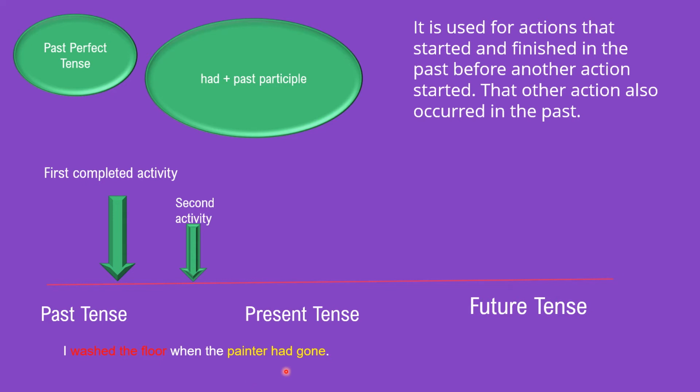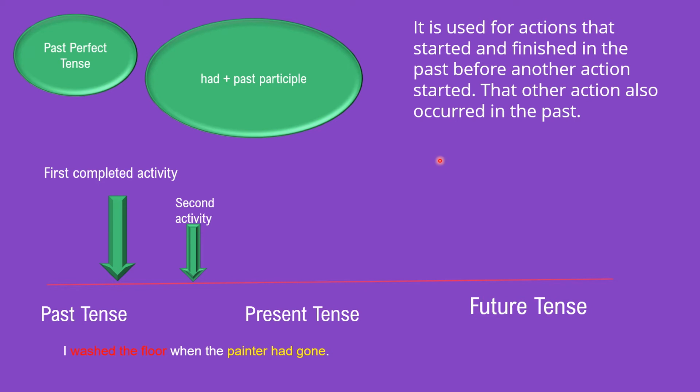And how do we frame it? What do we use to make past perfect tense? We use had plus the past participle, whether the verb ends in ed, e, en or t. So once again, you need to understand what participles are. You can download a participles list and paste it somewhere so that you can memorize them.